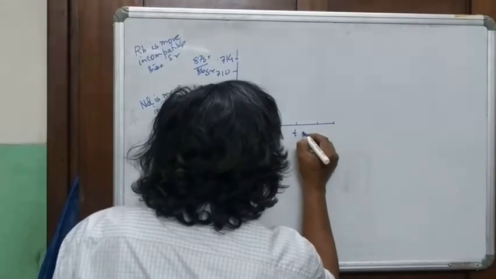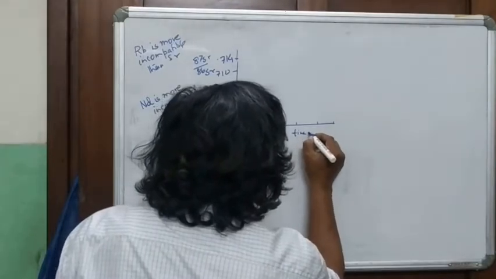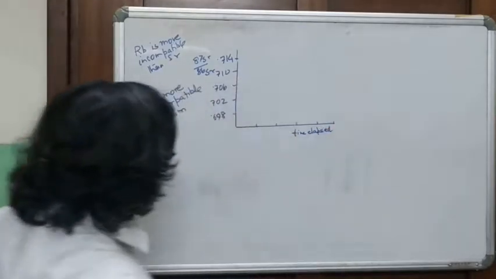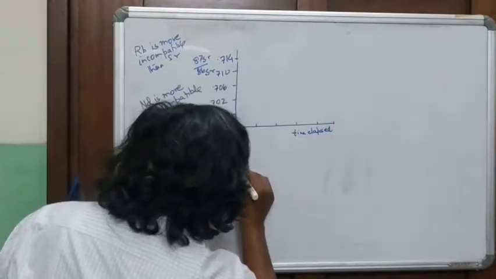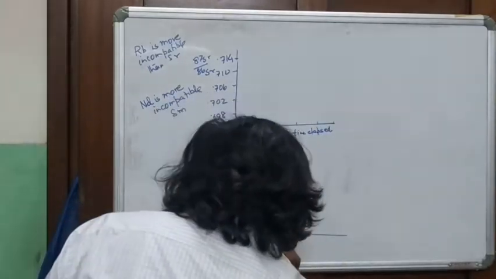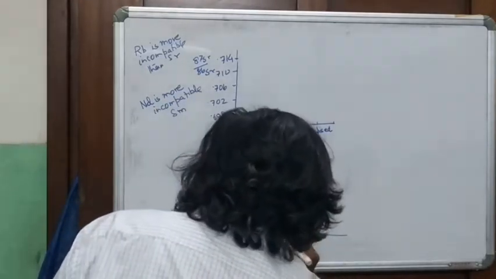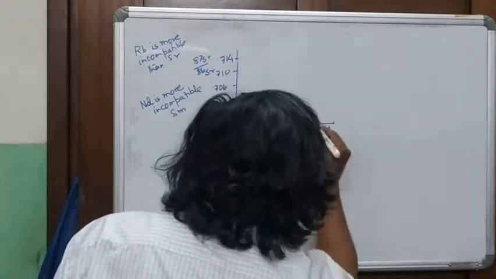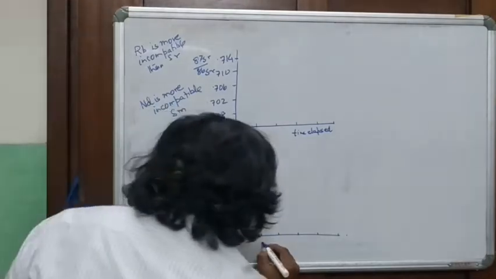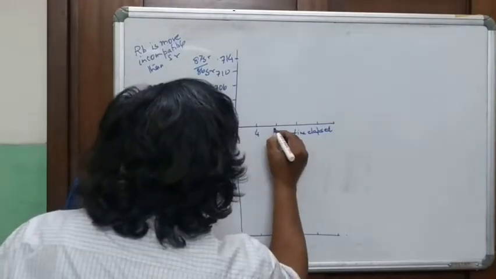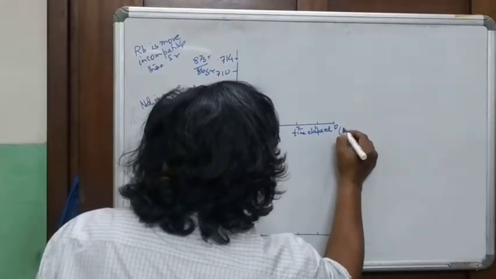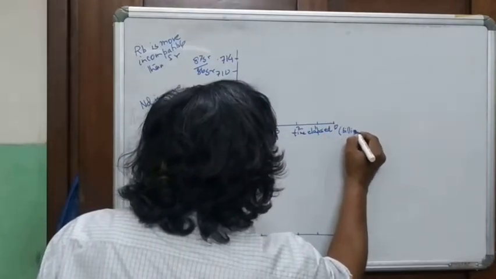This is time elapsed. I will draw another diagram just below it, with 4, 3, 2, 1, 0, in billion years.